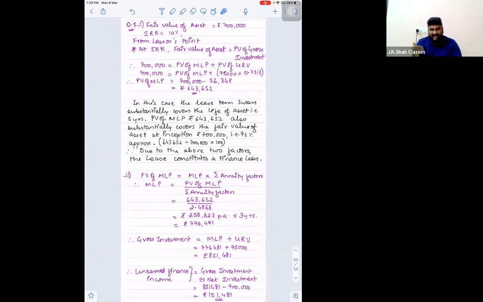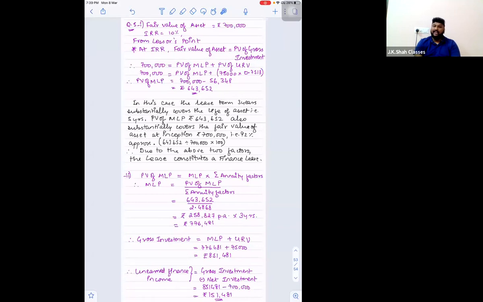But then I checked once, and came to know that the present value is not even 28, 29 lakh. It is not equal to the fair value of the asset, 40 lakhs. So the conclusion was that they are charging lesser lease rentals because he may give it to some other lessee in the future. Okay, sir. Understood. Thank you.